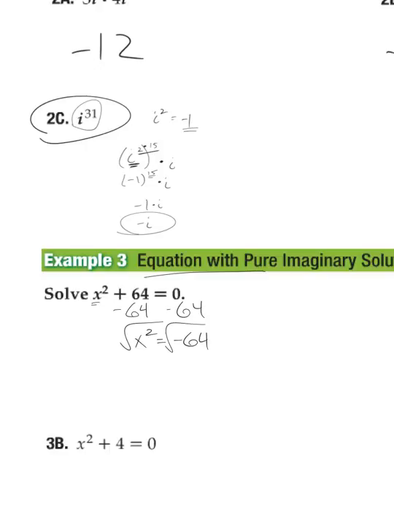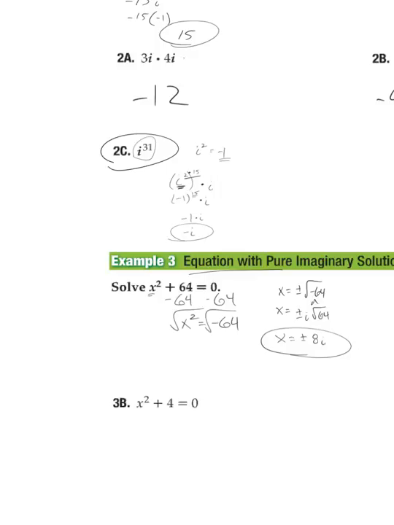To solve this, you square root both sides of the equation, which gives you x equals plus or minus the square root of negative 64. We now know how to simplify that: this is plus or minus i times the square root of 64. The square root of 64 is just 8, so this is plus or minus 8i.